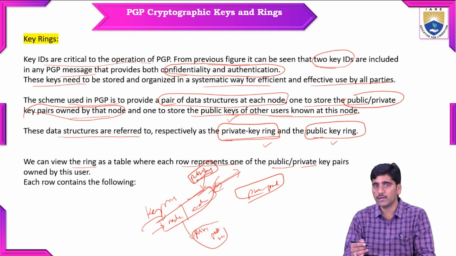Each row contains the public or private key pair, and the public keys are used by another node.